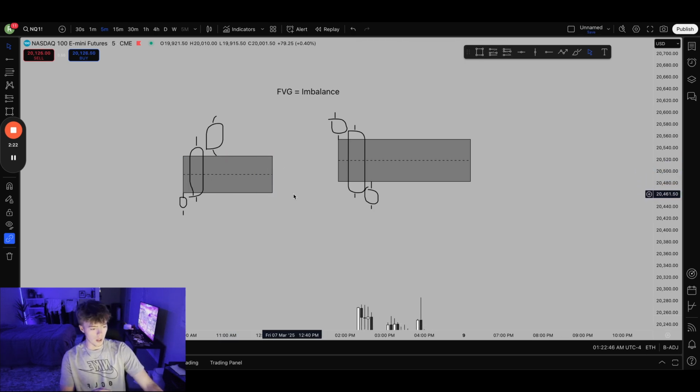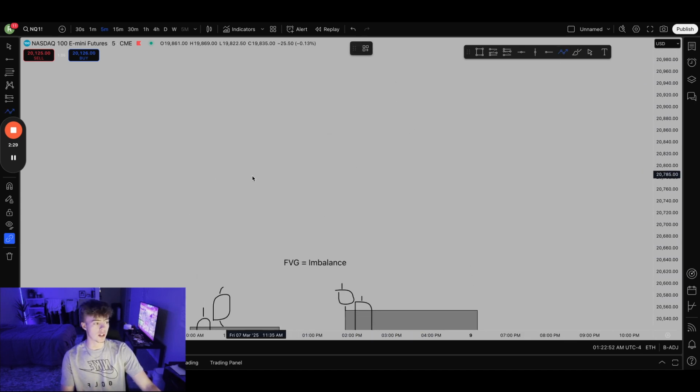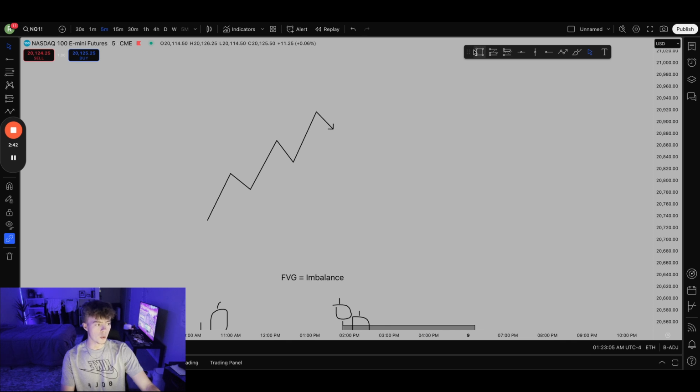What we're looking for, if we have a bullish example, we are currently in bullish order flow. And what order flow is basically just this. This is a little sidetrack, but this is necessary to know what a fair value gap does for you. If we are in bullish order flow, we are constantly making higher highs and higher lows, right? What are we doing when we're within this?